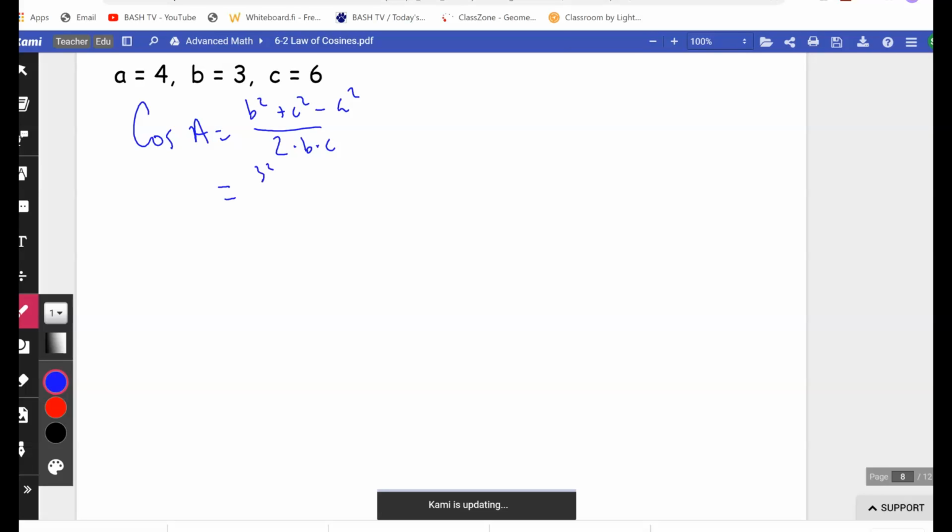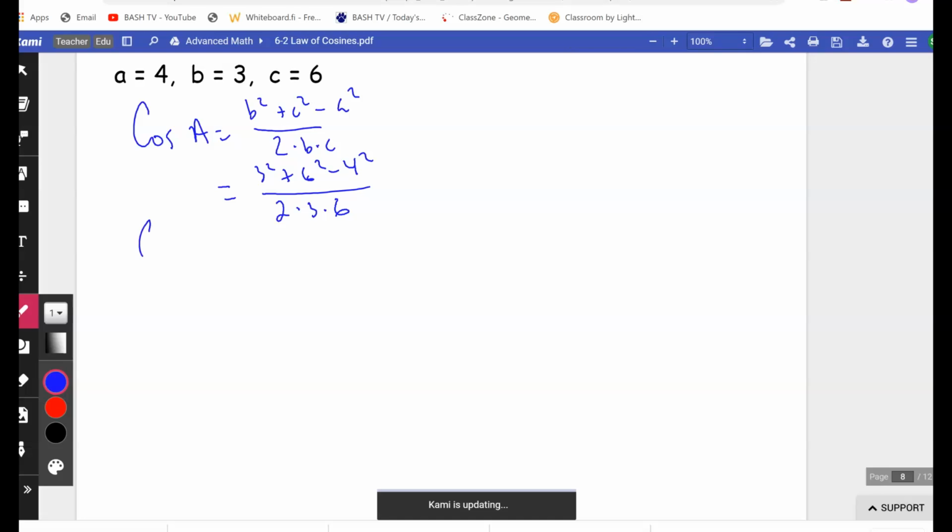So in this case, 3 squared plus 6 squared minus 4 squared, 2 times 3 times 6. I'll type this in, 3 squared, 6 squared, minus 4 squared. Again, don't forget, if you're going to do it all in one shot, which I'm doing right now, put parentheses around the top and bottom.